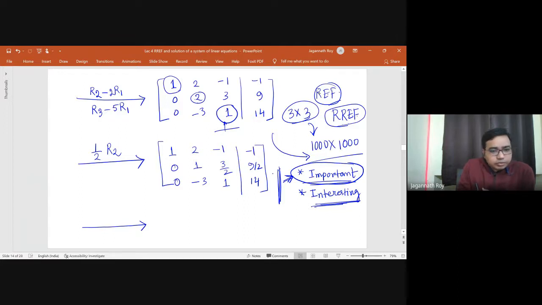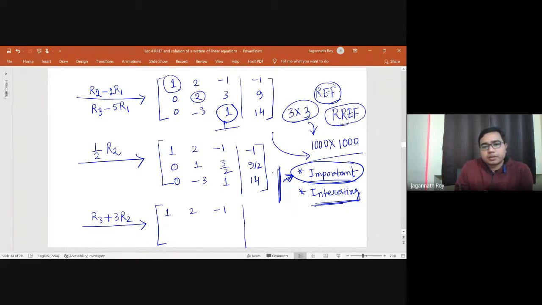And then what we do is R3 plus 3R2. If you do that, so 1, 2, minus 1 and 1. Then 0, 0, then 1, 3 by 2, 9 by 2, and then 0, 11 by 2, and 55 by 2.